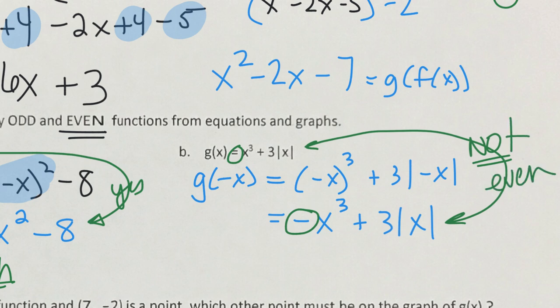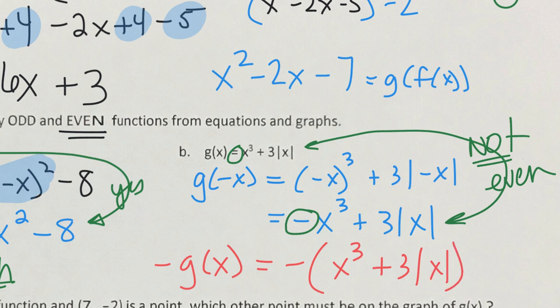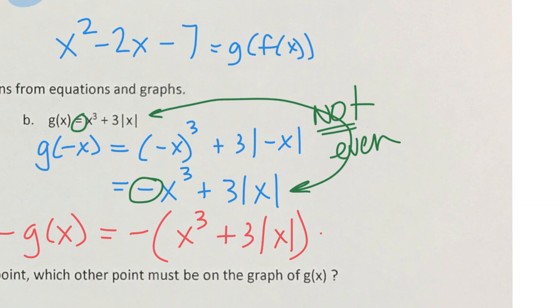So now we make the whole entire thing negative. Okay, this is our next comparison. Make the entire function negative, and then compare the blue and the red. So when we make the entire function negative, there's your negative x cubed, but then this is a minus 3 absolute value of x.